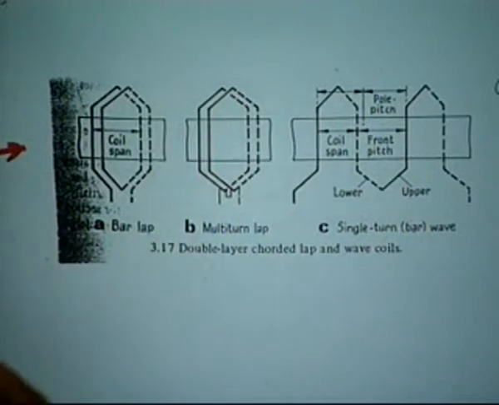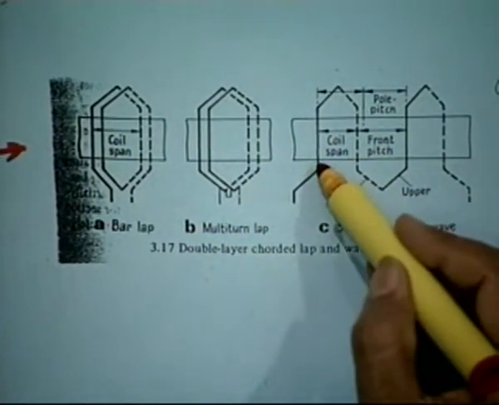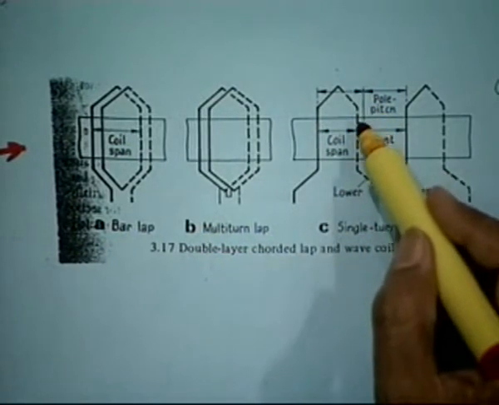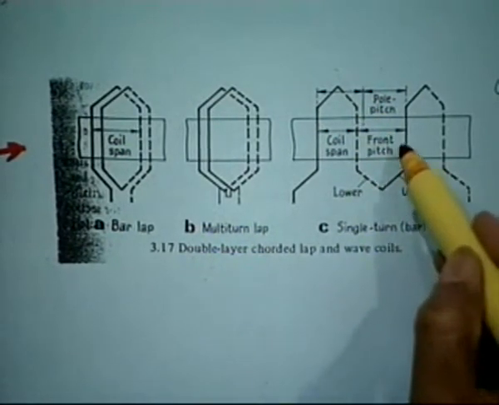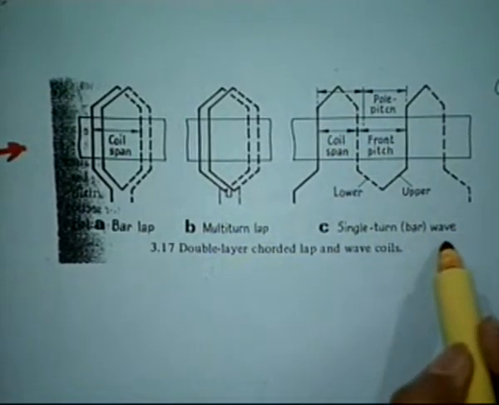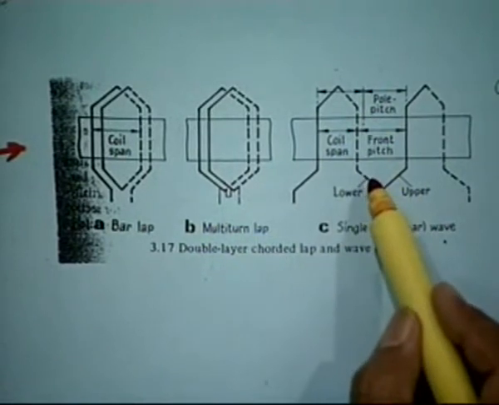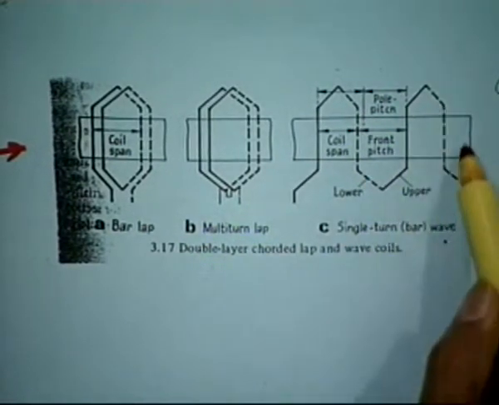That means after the north pole or south pole, it comes back to the same north pole, right? But in a multi-pole machine, this is called a wave winding. It goes like a wave. It starts with one north pole, south pole, goes to the next north pole and next south pole. Okay. This is called a single turn bar wave. That means it's a bar winding, single turn, and it goes like a wave.